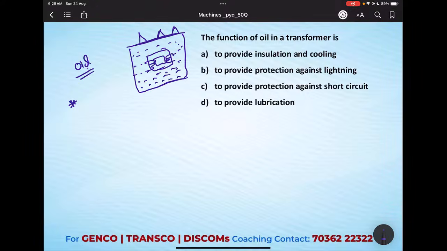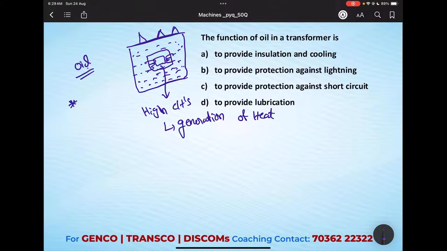Why do we need to fill the oil? First thing is, since the current is flowing in the windings, it will generate heat. Whenever high currents are flowing in the transformer, it will generate heat. Whatever heat is generated needs to be cooled down. Otherwise, the power transforming capacity will get reduced.